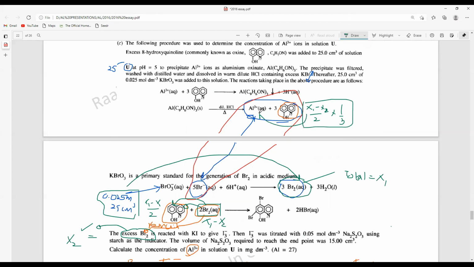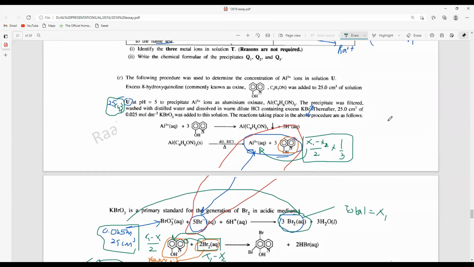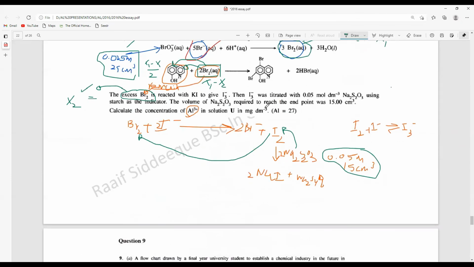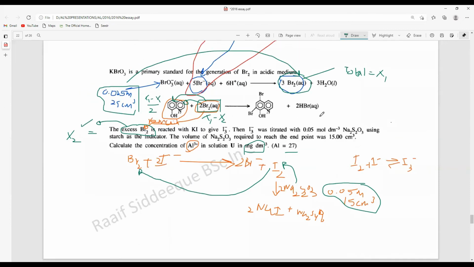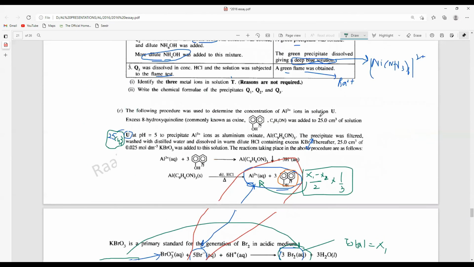If you know this, and you know the volume that we used, that was 25 cubic centimeter, you can find the concentration of aluminium. But don't forget, they have asked to find this in milligrams per decimeter cubed. So when you find this in mol dm minus 3, you can multiply it by the aluminium molecular weight to get grams, then multiply it by 10 to the power 3 to get milligrams per decimeter cubed. Okay, so this is how you can do it.